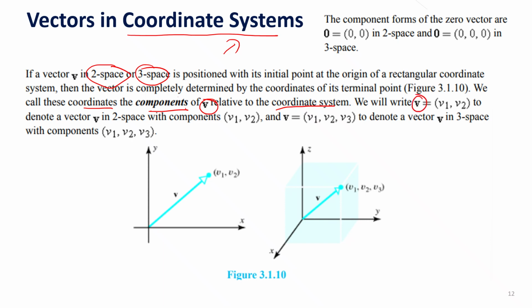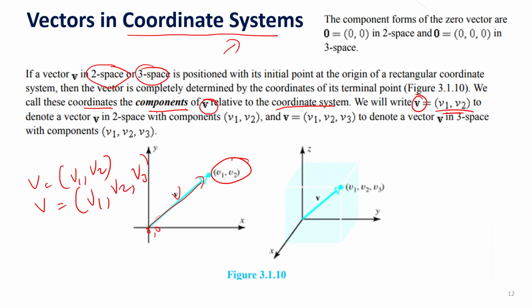Let's say v is equal to v1, v2, the node of the vector, where it starts from 0, 0 and its tip is at v1, v2. Then you just need to write vector v equals v1, v2. It's the same for a three-dimensional space: v1, v2, and v3. But in these examples, the pattern is that they all originate at 0, 0. What about the ones that do not originate from 0, 0? We can see it next.